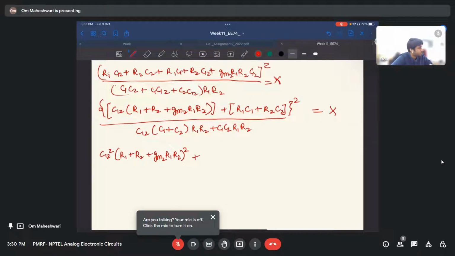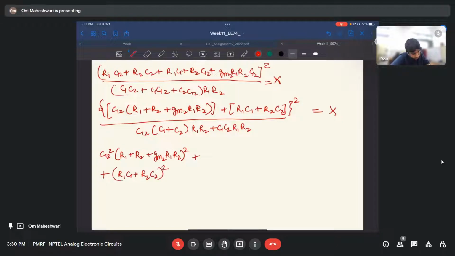What is b square? (R1 C1 plus R2 C2) whole square, plus 2 times (R1 R2 plus GM2 R1 R2) and (R1 C1 plus R2 C2). We got the C12 terms of these.